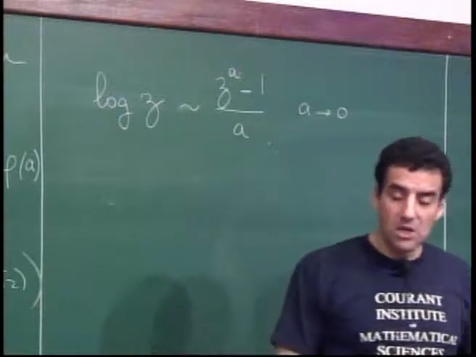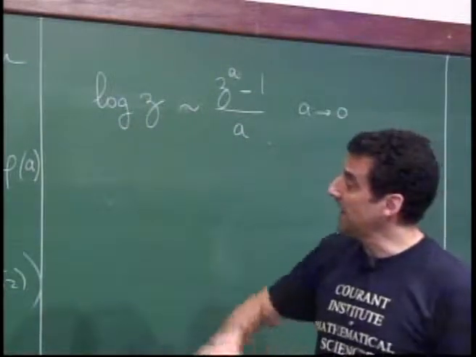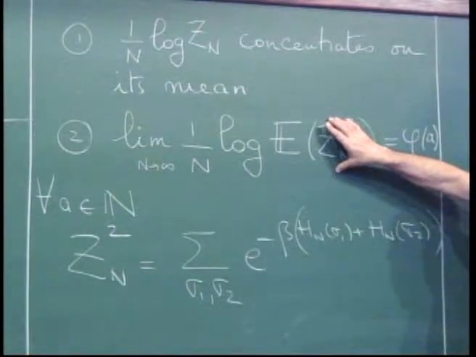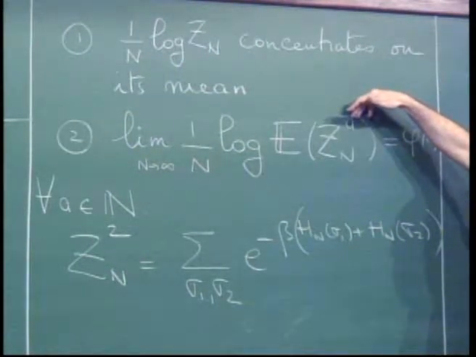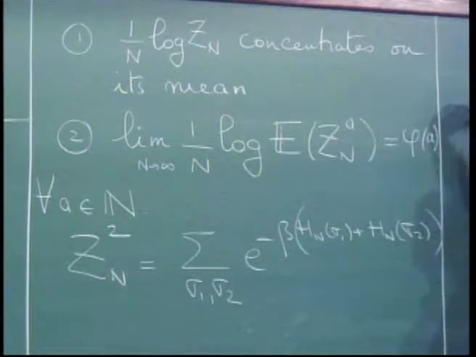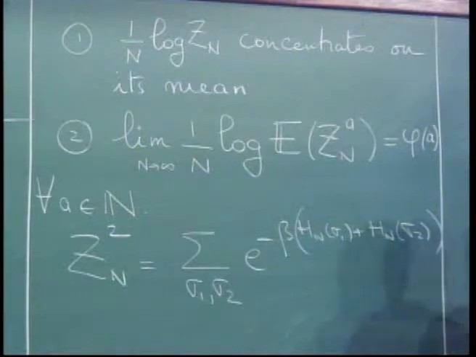So usually the next trick is of the following type, and it's not always absurd. Again, here you're looking at the distribution of Z_n, and essentially you understand the behavior of its moments. And from this you want to derive its law, essentially. That's what this thing is supposed to do. So sometimes it works and sometimes it doesn't.